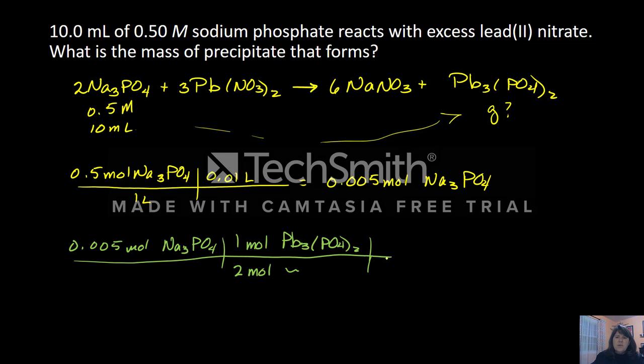And in order to get to grams, we need the molar mass, and so 1 mole of lead phosphate is 811 grams. Then you use your handy dandy calculator and, paying attention to significant figures, I get 2.0 grams of our precipitate.